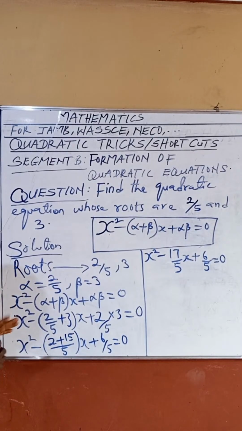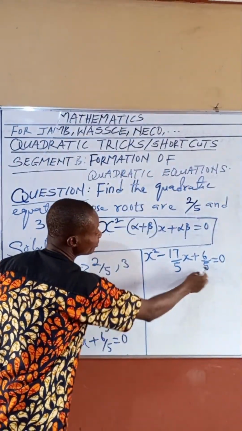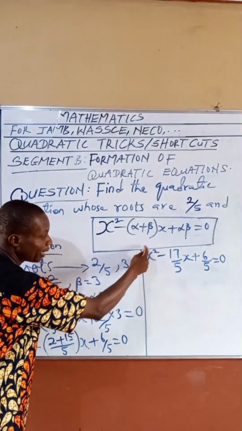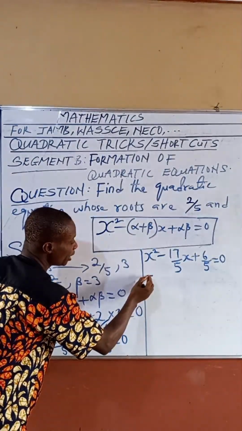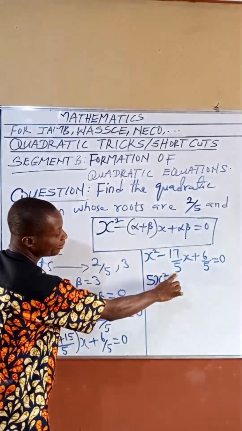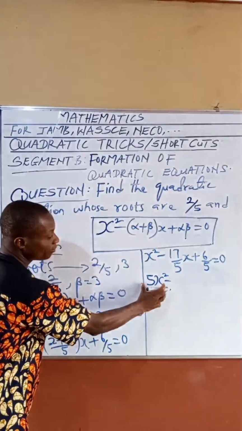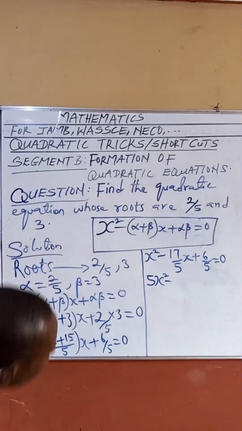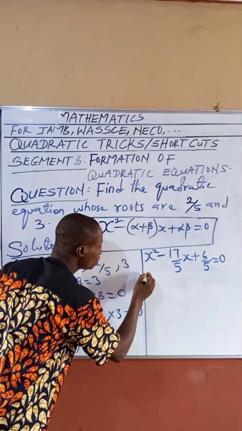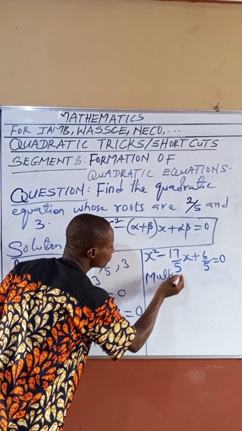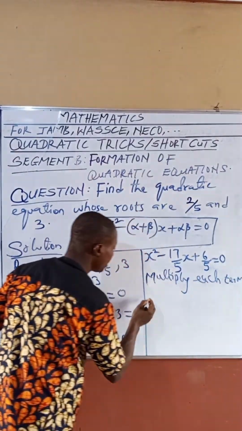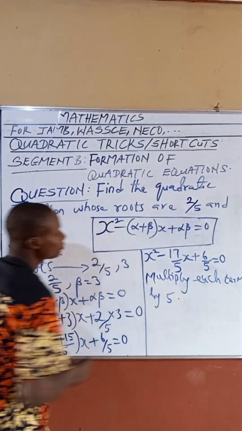So what we are simply going to do is multiply by 5 all through, so that this 5 will go. Multiply each term by 5.